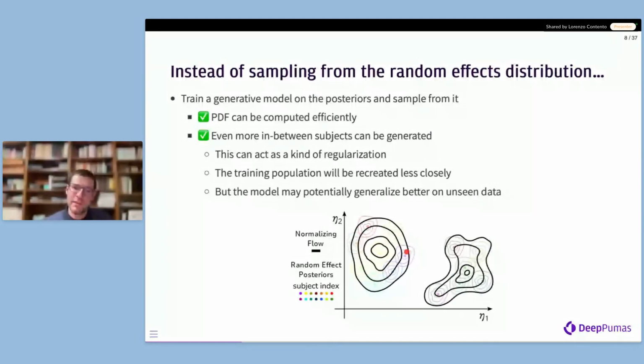So this, I said, is a regularization because, as all regularizations do, they penalize the performance on the training population, which will be recreated less closely, because the best way to recreate the training population is just to use the posterior. But by losing something on the training population, we may potentially gain on unseen data.